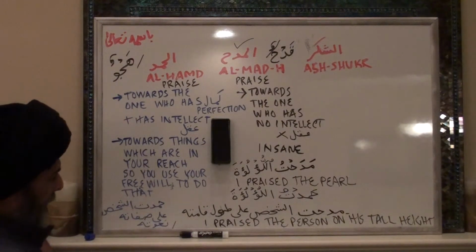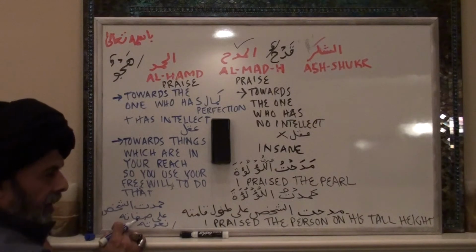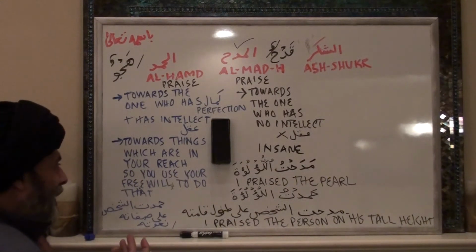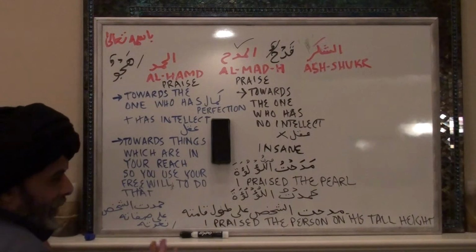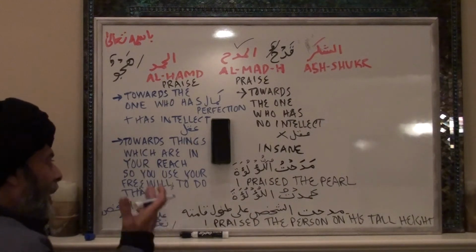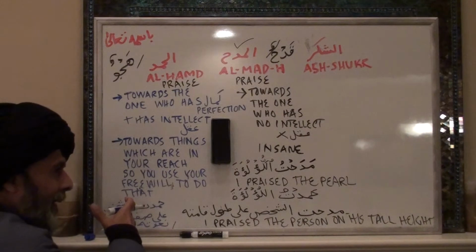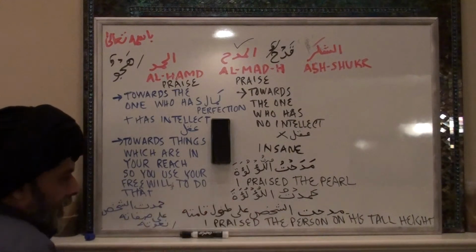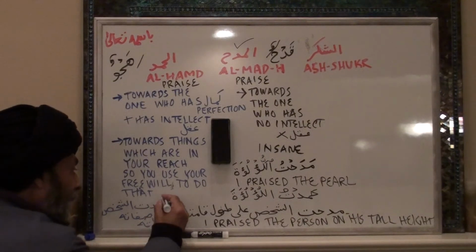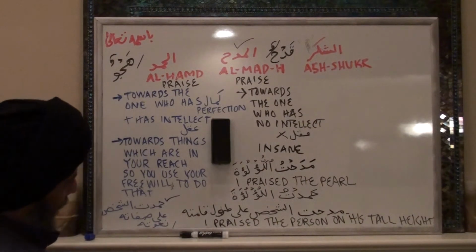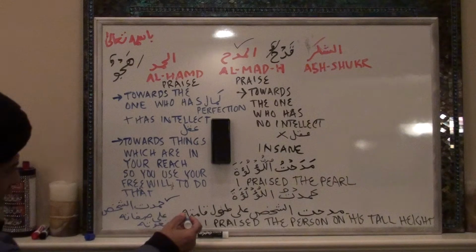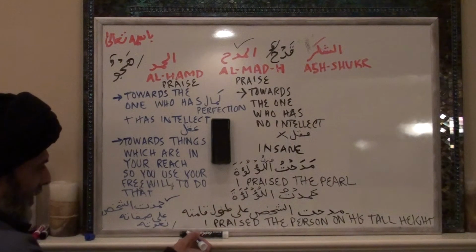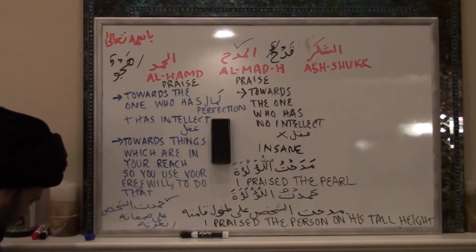For example, I praise the person on his attributes. The attributes of the soul are something that is in our reach to acquire or not to acquire. So here is the role of our free will, which we utilize to acquire certain attributes. Here is where the word hamd comes in. Whereas madh is about things like the length of your body, which is not in your control.